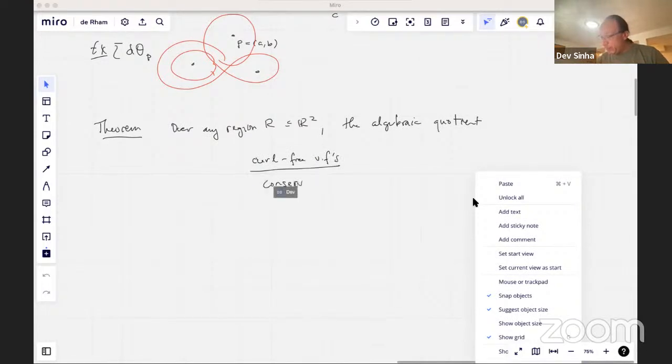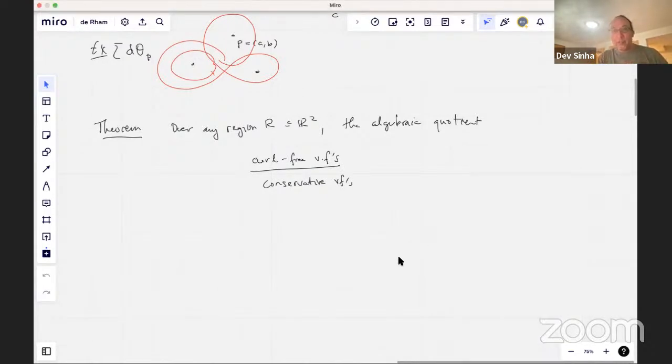So again, if you're conservative, you are curl-free, but not conversely. And both of these are sort of infinite dimensional. But this quotient is finite dimensional.